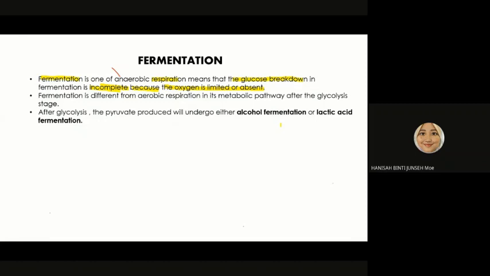This happens in the cytoplasm. Then this pyruvate will go to the mitochondria, and the pyruvate will be oxidized by oxygen to produce energy, carbon dioxide and water.